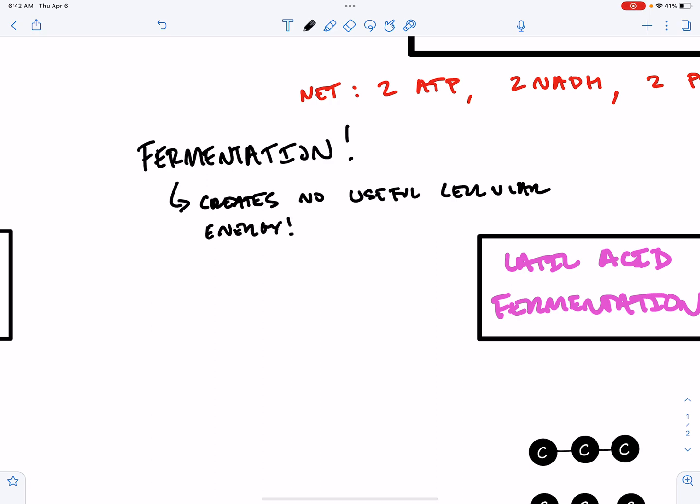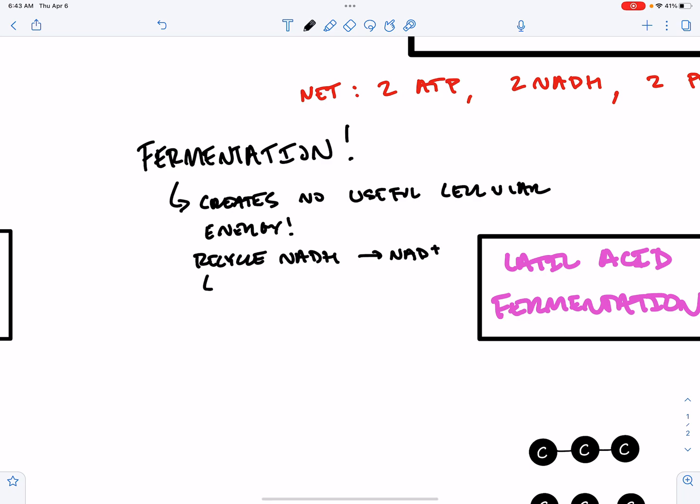And you might be wondering, why do we do fermentation if no useful cellular energy is produced? And the reason is good. We recycle NADH back to NAD plus.